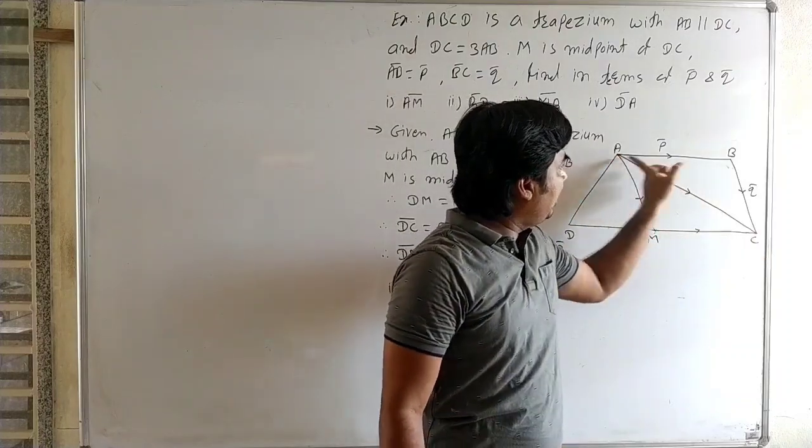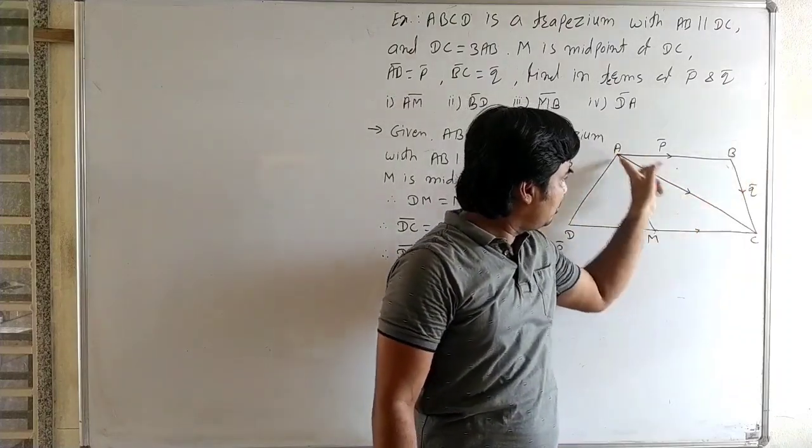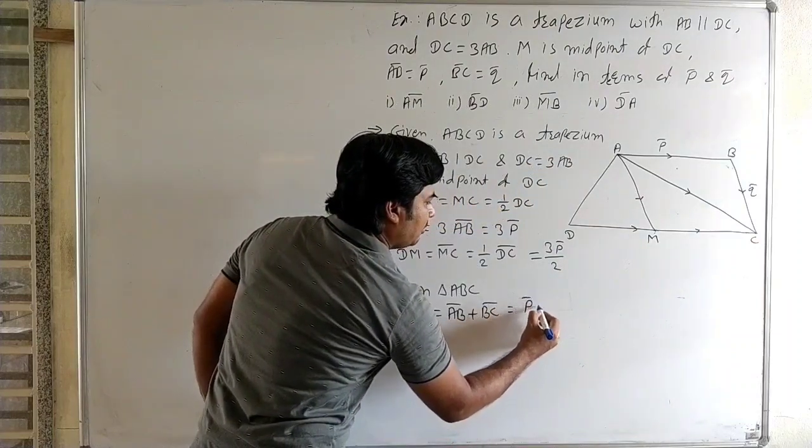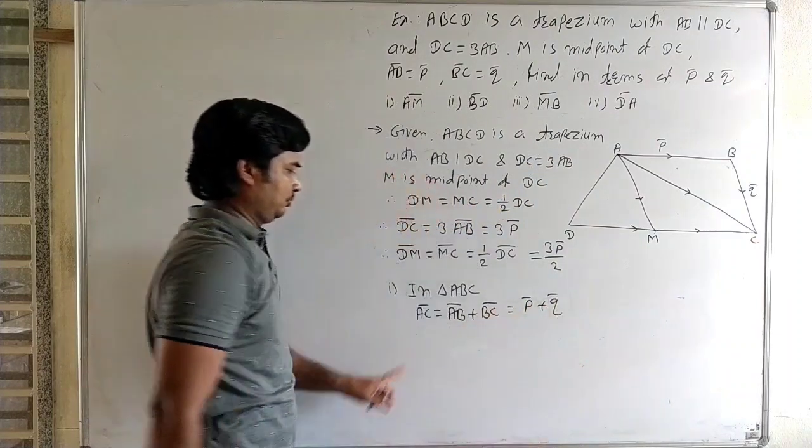Therefore AC is equal to P bar plus Q bar.